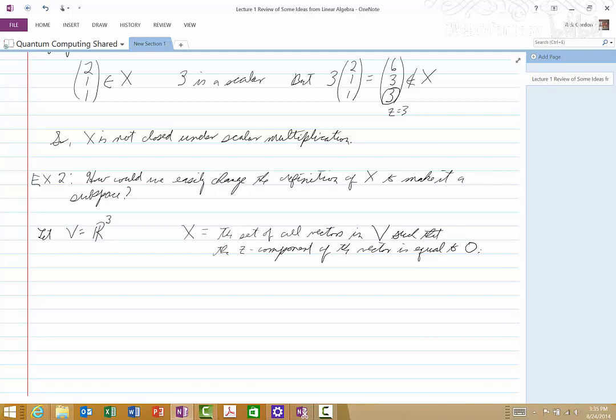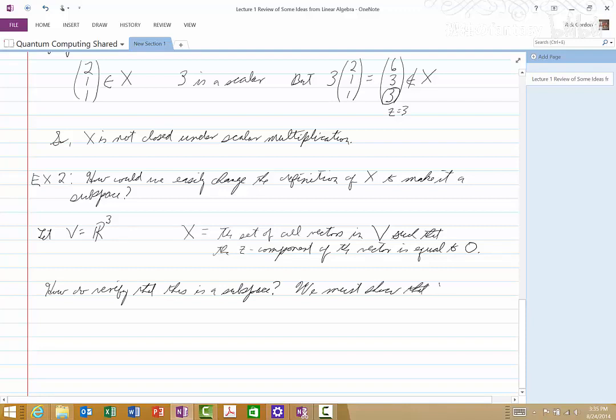So how do we verify this? How do we verify that this is a subspace? We must show that X satisfies the two properties for a subspace.